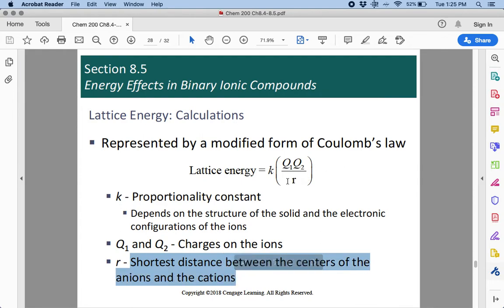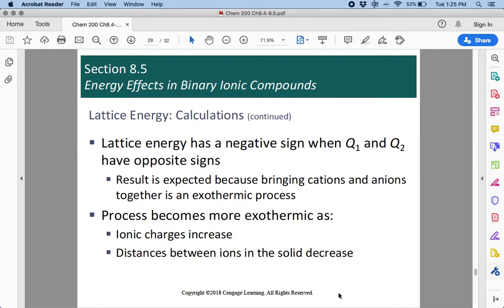So this is the radii between those two atoms. So the size of the two ions, not the two atoms, as well as their charges. These are the two factors that affect lattice energy.